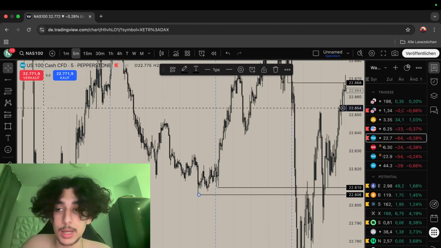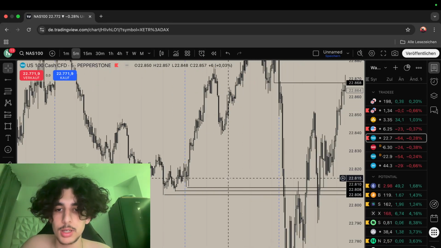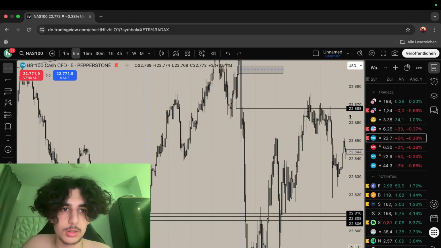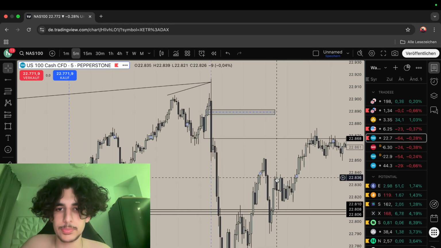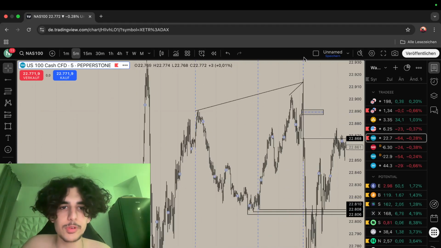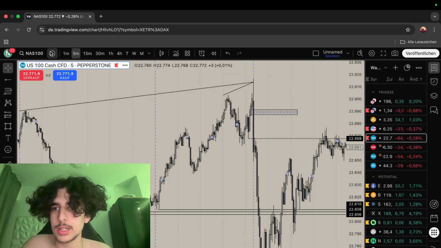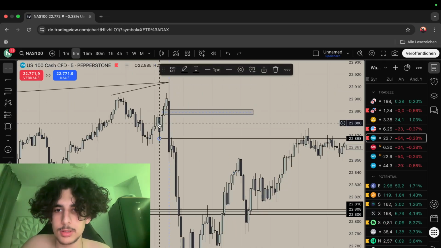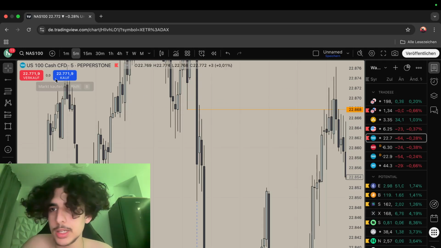So this was pretty near together. Yeah, I mean, high time frame SMT, lower time frame SMT, 5 minute inverse. Then I was like, we had this breaker block. Let's mark that. We filled this breaker block on the 5 minute.